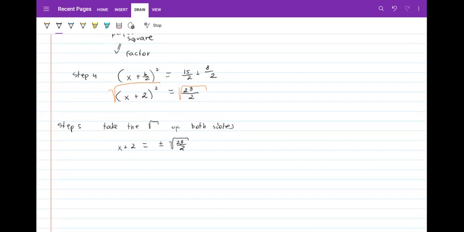And step 6, solve two equations. So we're solving x plus 2 equals square root of 23 over 2. And we're solving that x plus 2 equal negative square root of 23 over 2.